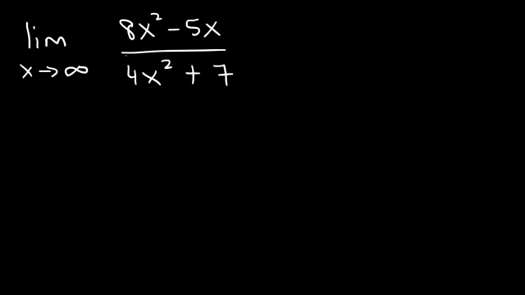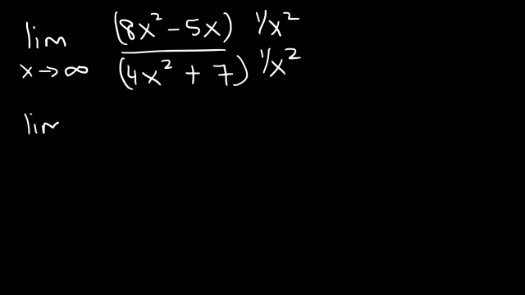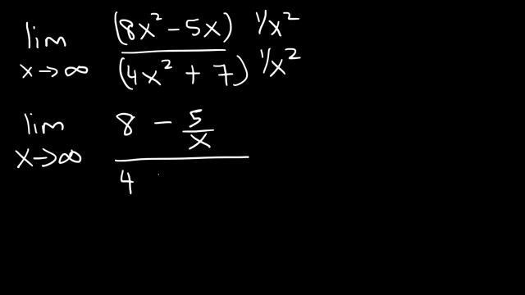But if you need to show your work, what we're going to do is multiply the top and the bottom by 1 over x squared. And so we're going to have the limit as x approaches infinity of 8 minus 5 over x divided by 4 plus 7 over x squared.